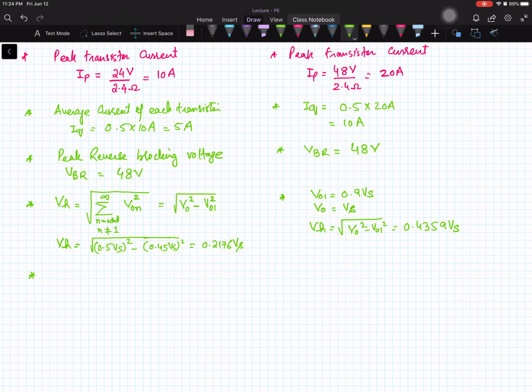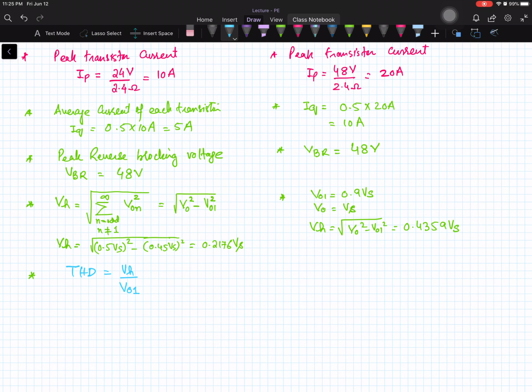Okay, now let's calculate the THD, total harmonic distortion, in the voltage. THD, as we know, is given by the comparison of the harmonic voltage with the fundamental component of the voltage at the output. You can consider the peak value of the harmonic and the peak value of the fundamental, or you can consider the RMS values. Both should be of the same nature.